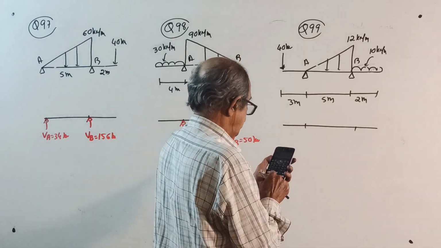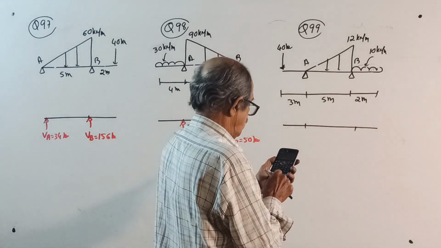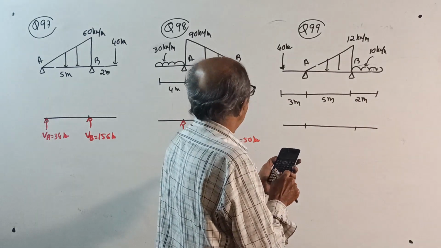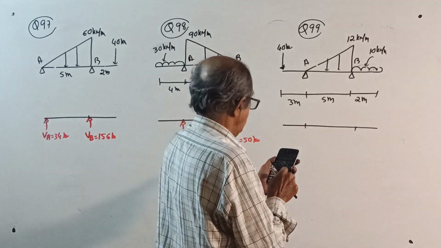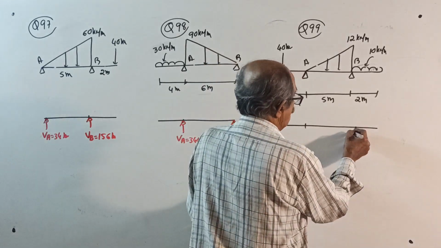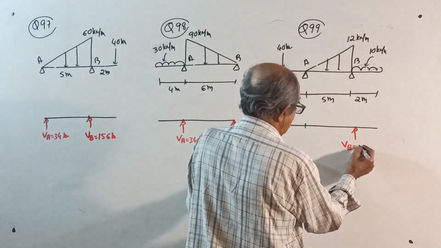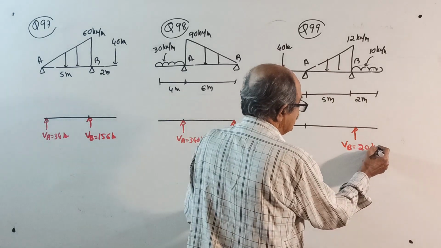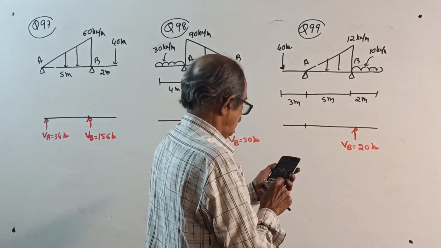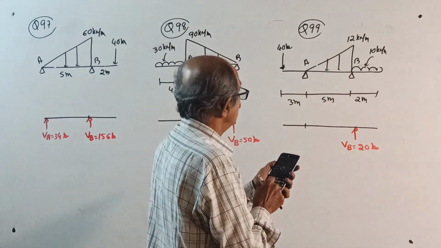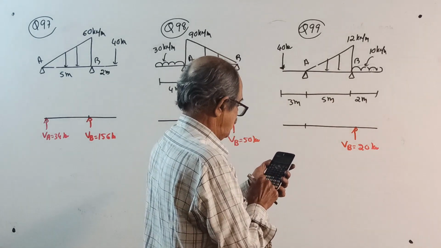30 into 2 by 3 of 5 plus 10 into 2 into 6 minus 120 divided by 5. 20 kilonewton. See, I am not getting confused with sign convention. If it is downward, I will know it is coming downward. 20. 6 into 5 plus 20 plus 40.